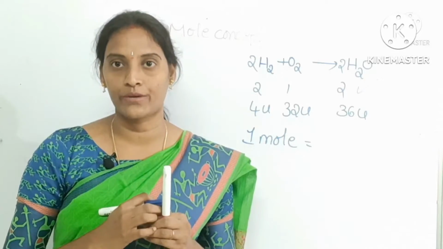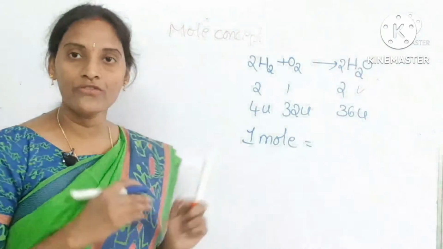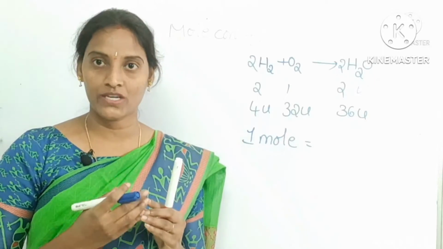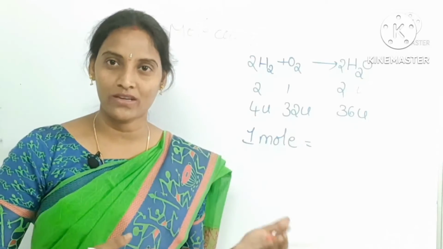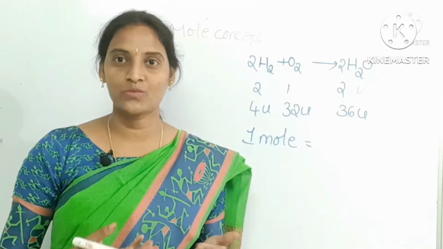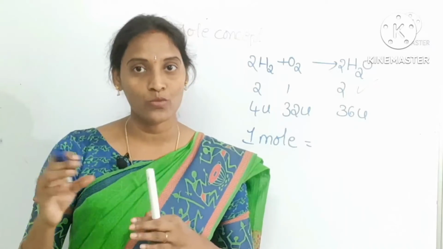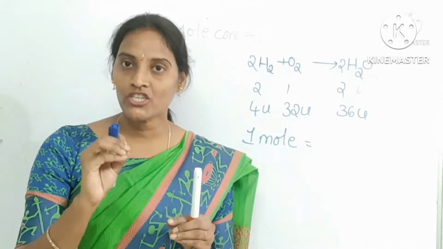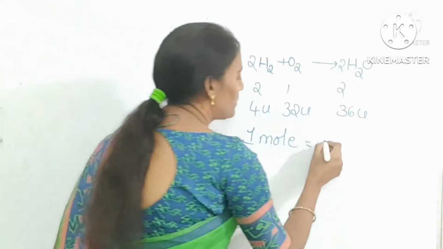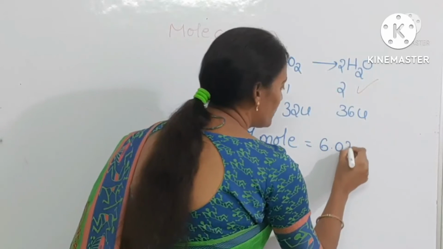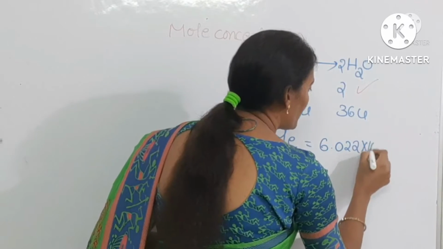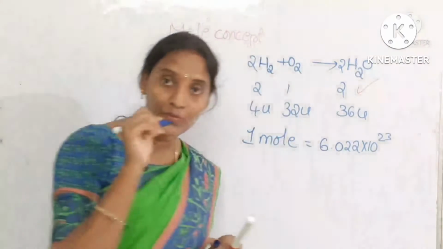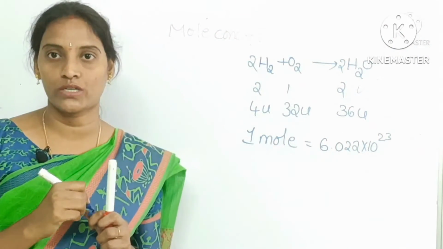It's a large number. 1 mole of any substance, maybe rice, fruits or vegetables, or 1 mole of atoms, molecules, compounds or particles, anything: the number of particles present in that 1 mole of substance is 6.022 × 10^23 particles, students.